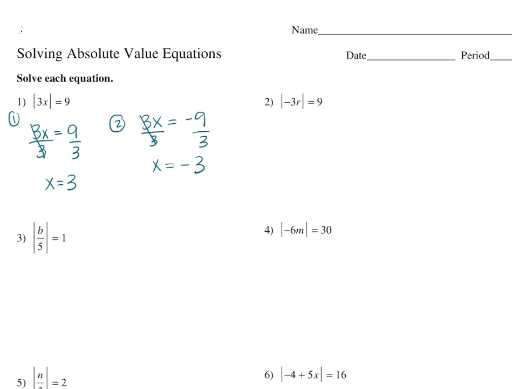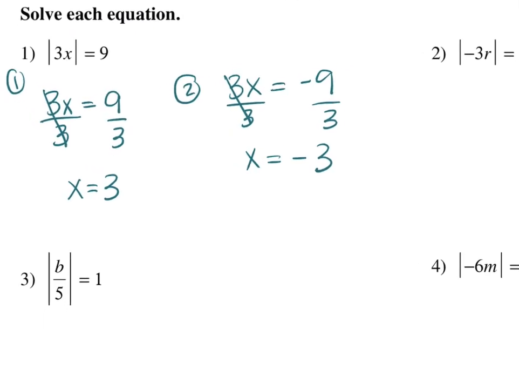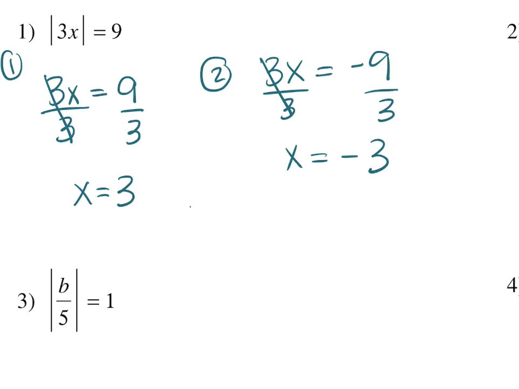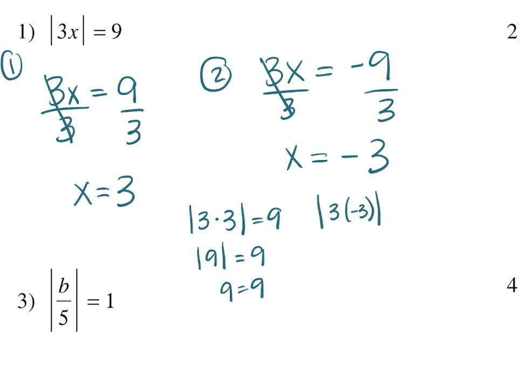Okay, so I'm going to show you guys why this works. If we plug that back into our original equation, we have the absolute value of 3 times 3 equals 9. So we have the absolute value of 9 equals 9, +9 equals 9, and that is true. Then we're also going to have the absolute value of 3 times -3 and check to see if it equals 9. This time, 3 times -3 is going to equal -9.